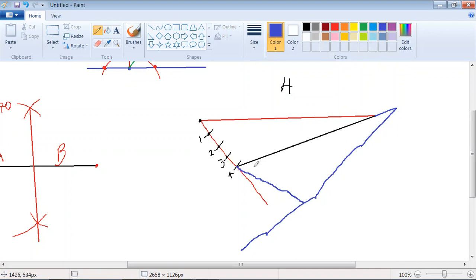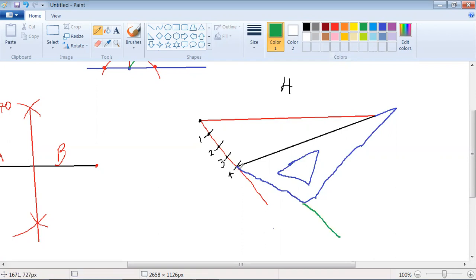Say this is one of your set squares. This is one of the set squares, the 30, 60, 90. And then the other set square, we're going to place it to be in touch with the first.